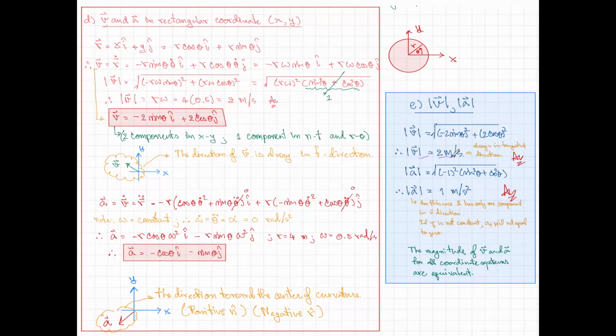It matches the velocity in the tangential direction. For acceleration, we also have just one, the normal acceleration, and we find the magnitude is 1 meter per second squared. You will see that it matches the total acceleration from the normal and tangential and r theta coordinate systems. That's the end of this problem.